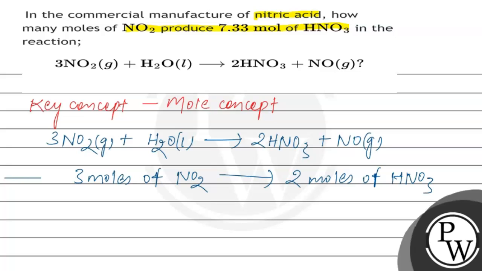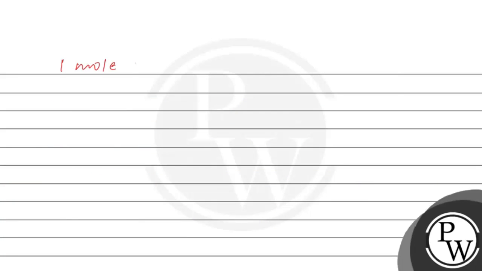या फिर ये स्टेटमेंट को हम इस तरीके से भी लिख सकते हैं: 2 moles of HNO3 formed from 3 moles of NO2. 1 mole of nitric acid will be formed by 3/2 moles of NO2.